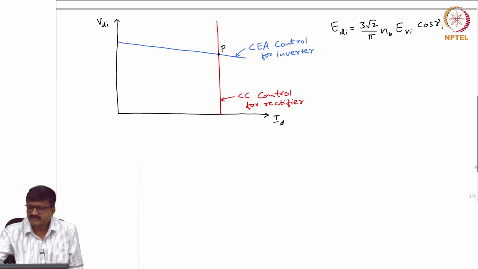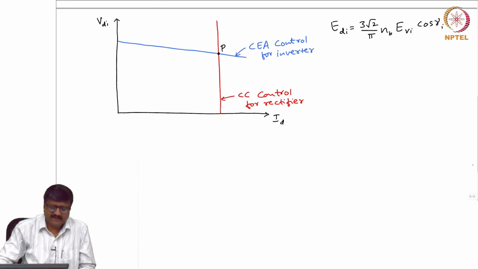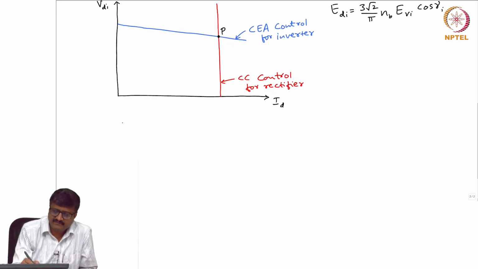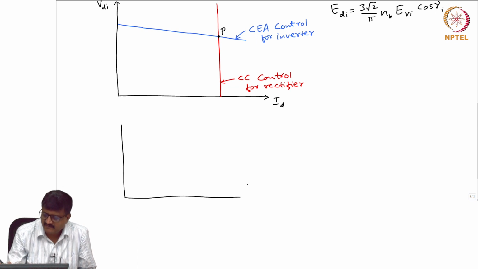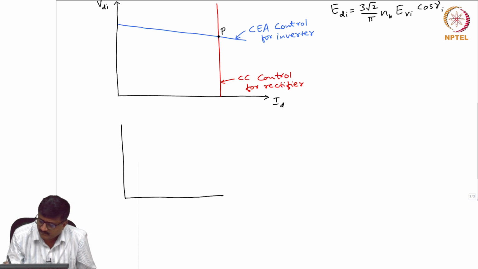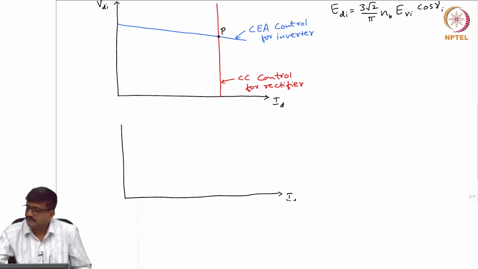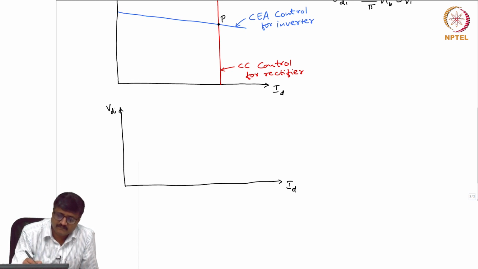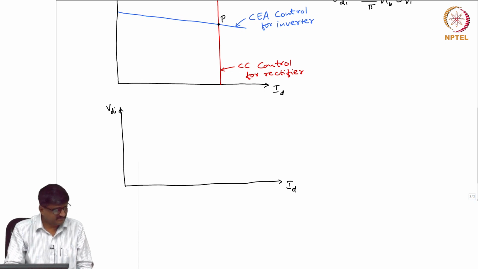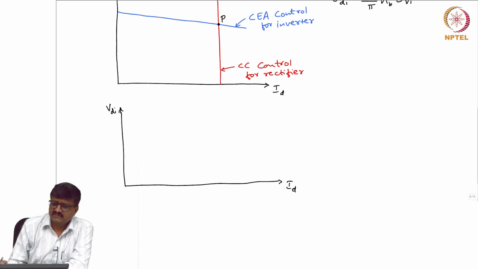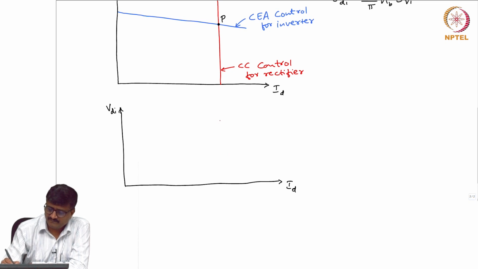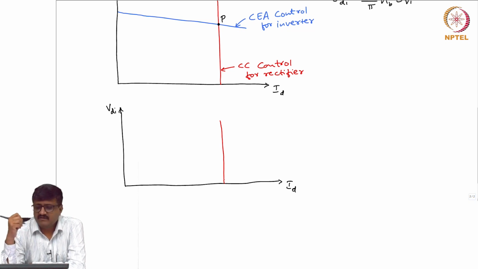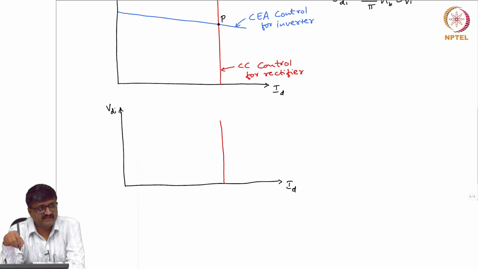As long as everything is normal, it is okay. But sometimes what happens is, if I again take the same graph, VDI as a function of ID, and take this constant current, the least value of VDI along this red line is 0.